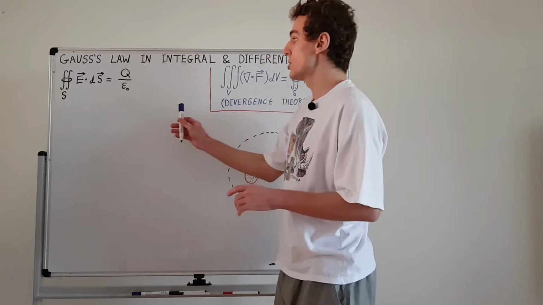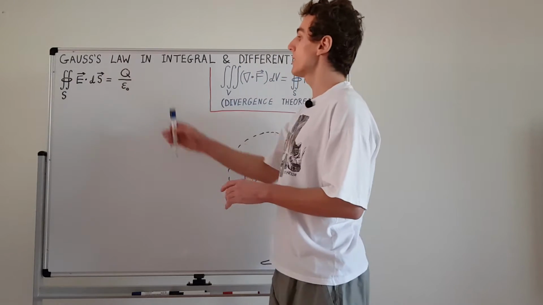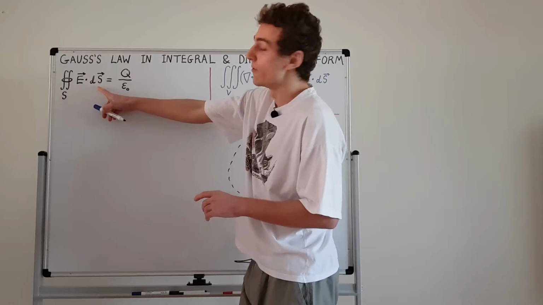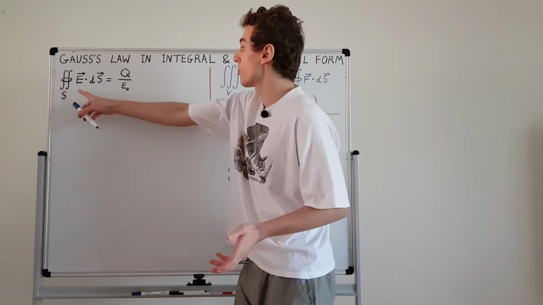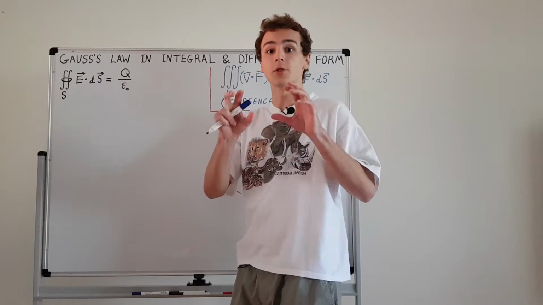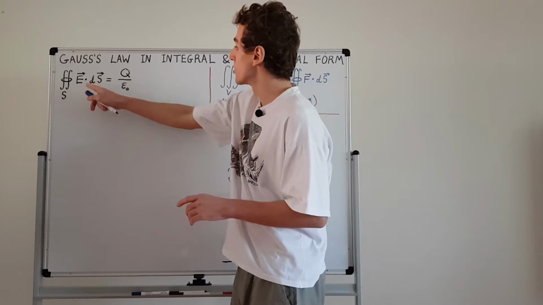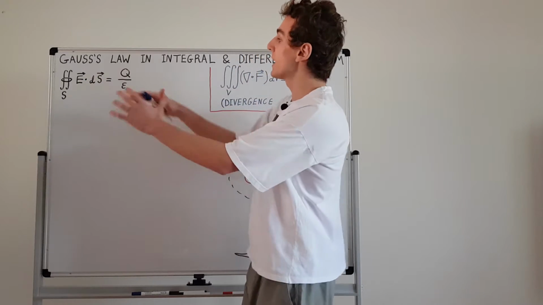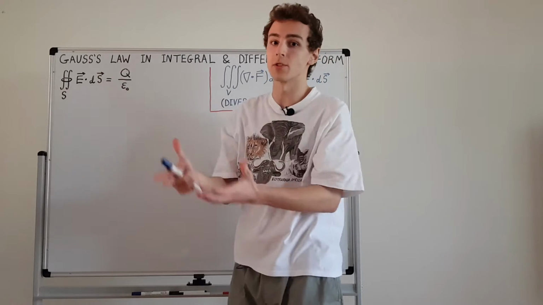Now, what is the notation in this equation over here? Let's have a look at some of the notation. We can see that E and S are vector quantities, and there's a dot product occurring here. So we're taking the dot product of two vector quantities: E dot dS. Then we're taking that dot product and summing it up over an entire closed surface.